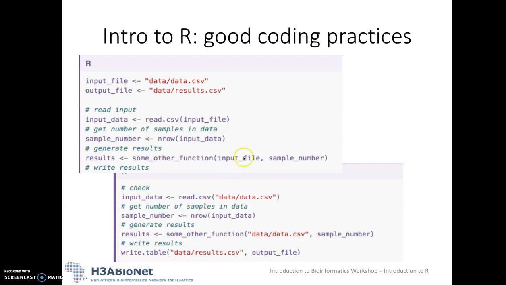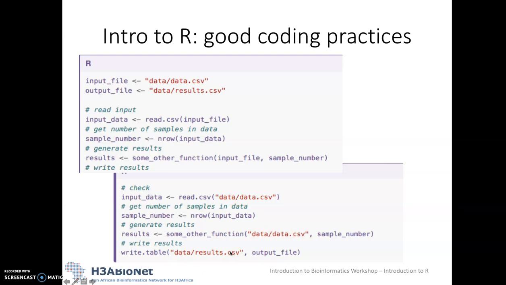They don't have to go and pick through your code. If we look at these two examples, at the top here we've defined exactly where to find the input file and what the output file is, and after that we read the input by referring to the variable we've created named input file, as opposed to reading in the path as is here and then having to repeat that again down here and again down here.